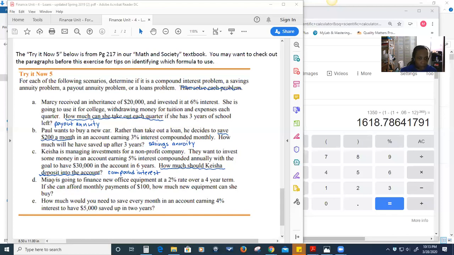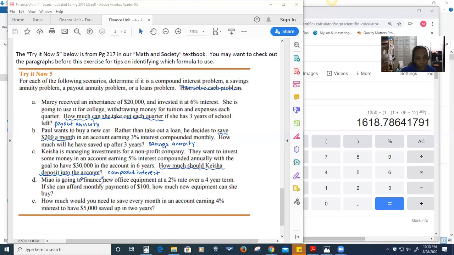All right, part D. Meow, I hope I said that right, is going to finance new office equipment at a 2% rate over a 4-year term. Here's that word. There it is. That tells you what's going on.